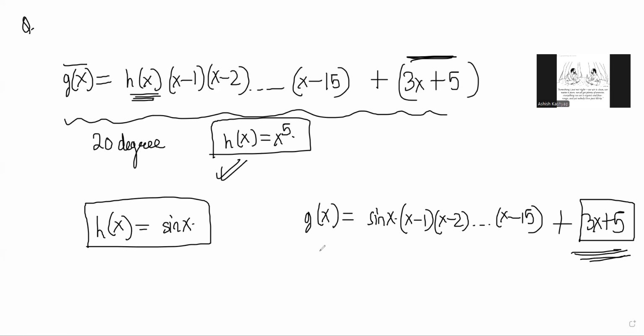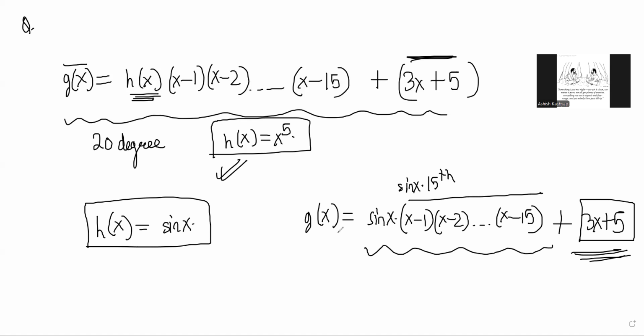But now, this function is differentiable clearly because sin x doesn't make it non-differentiable. Sin x is completely differentiable. Do you understand that this is a 15-degree polynomial multiplied by sin x?